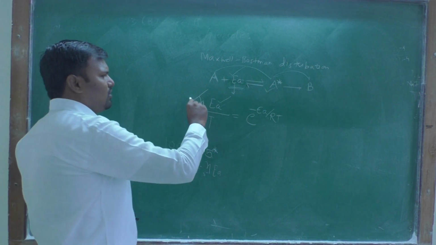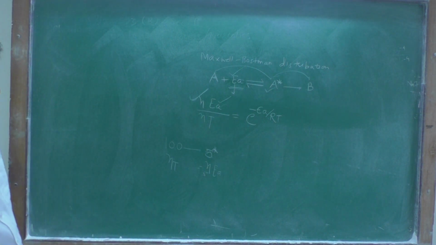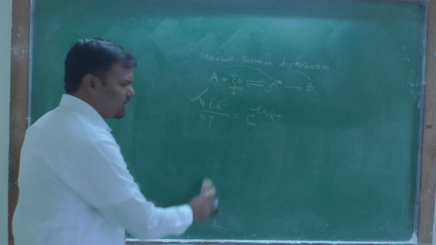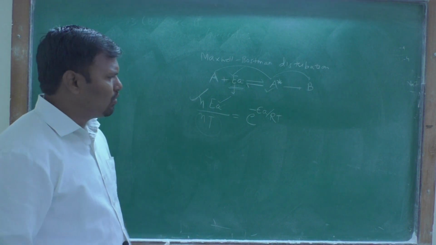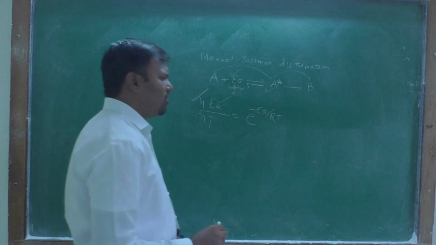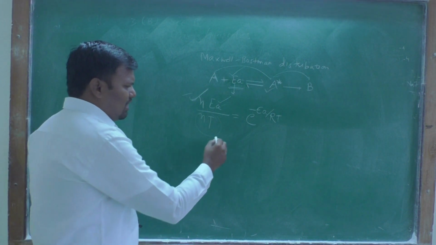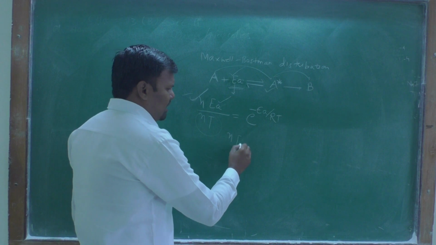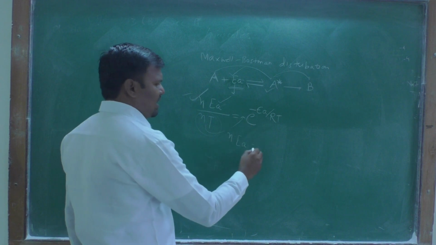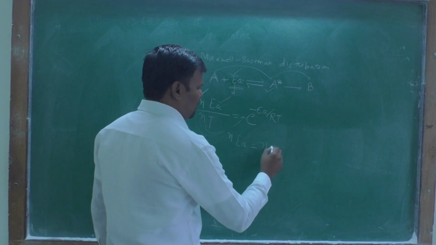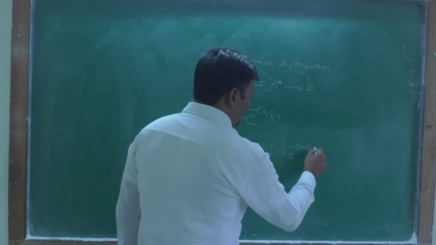So that is the fraction of molecules activated from the total: N_A upon N_T is e raised to minus Ea upon RT. This is one equation. Therefore, the number of activated molecules will be equal to the total number of molecules into e raised to minus Ea upon RT.